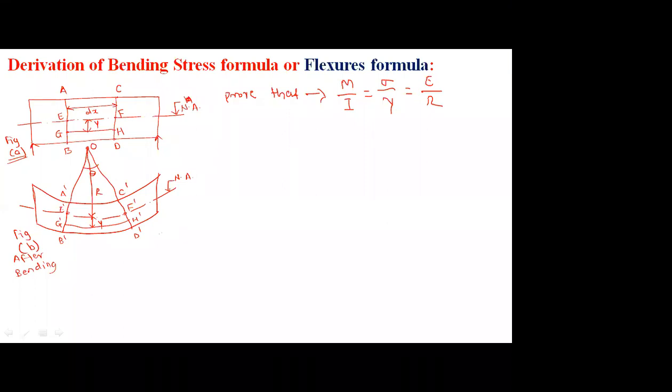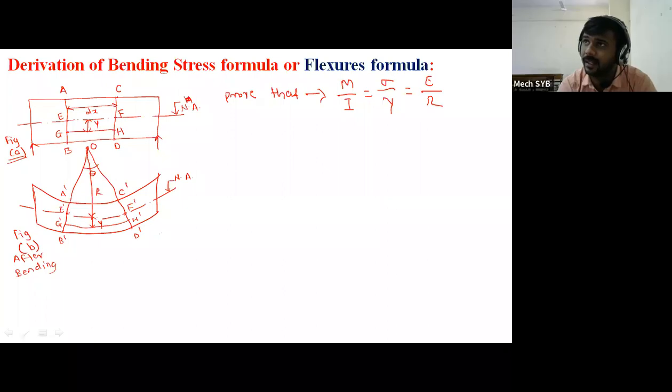Then center line वरचे दोन पॉइंट E dash, F dash. त्या सेंटर लाईनच्या खाली एक दुसरी लाईन होती GH, त्याचं पण G dash, H dash झालं. Angle theta, radius R, distance y, center point is called the neutral axis.